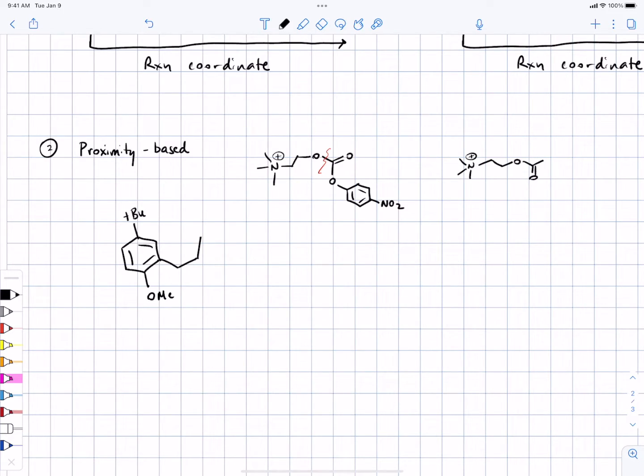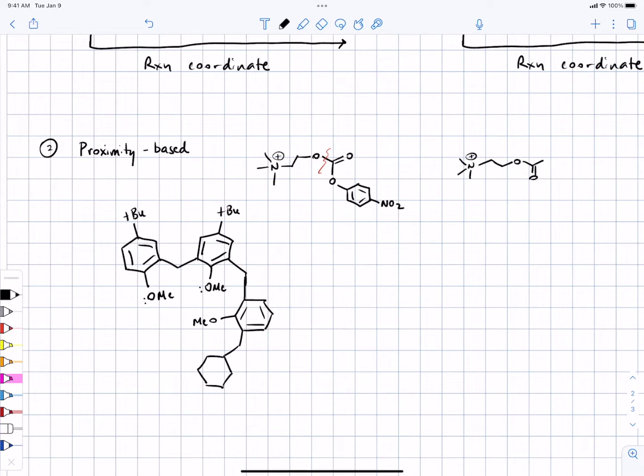And the design principle here was, let's bind the positively charged tetraalkyl ammonium group. And so you're going to have lone pair electrons on the oxygen oriented towards the center of this cyclic structure. And man, I worry I'm going to get it wrong. Oh well.